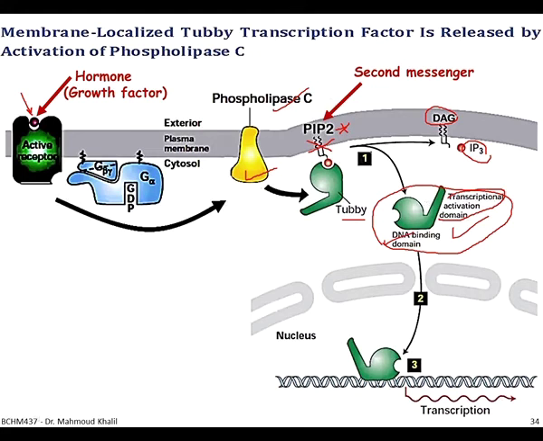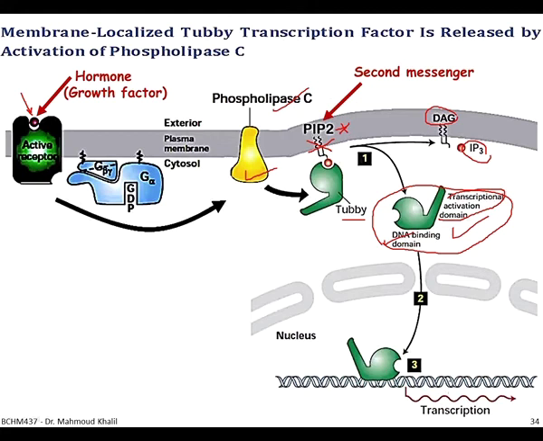So once it is released in the cytoplasm, it will be translocated into the nucleus and bind to the DNA by the DNA binding domain and activate transcription by the transcription activation domain. And of course, it will affect the transcription of another set of genes.